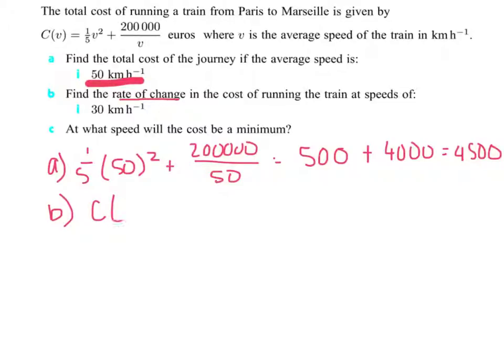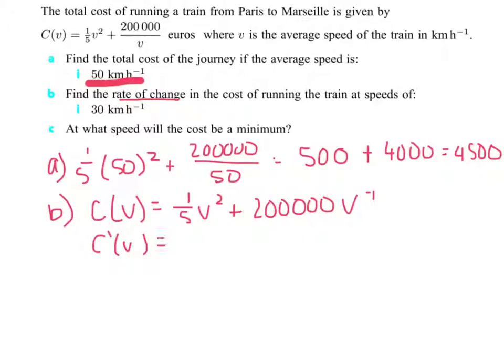C of V can also be written as 1/5 V squared plus 200,000 V to the -1. So the first derivative of that would just be 2/5 V minus 200,000 V to the -2.